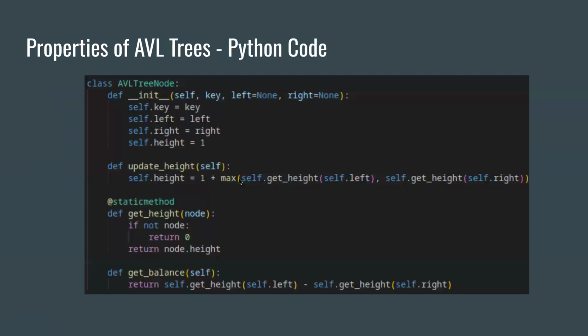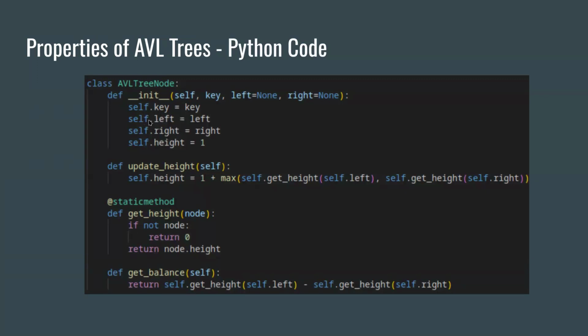So this is a Python code example. We have the AVL tree node, and when we initialize this node, we are storing left, right, and key, which we've seen in binary search trees.